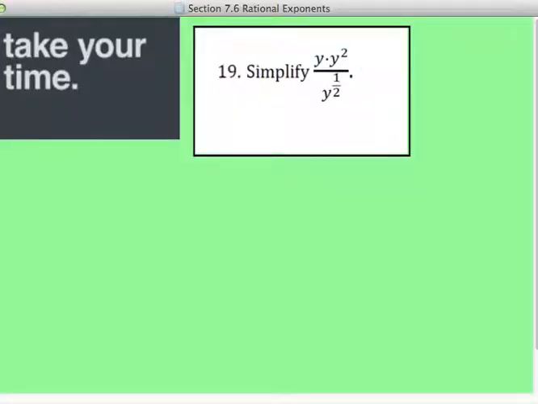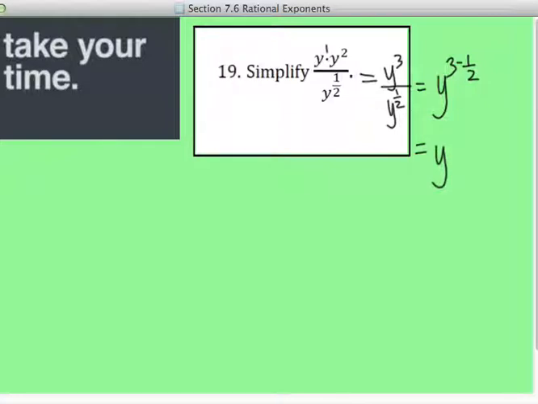And one last one, number 19, we need to simplify. So I'm going to combine my numerators first. This is really y to the 1st, so y to the 3rd over y to the 1/2. So I subtract 3 minus 1/2. I'm going to get a common denominator, so I would want it to be over 2.